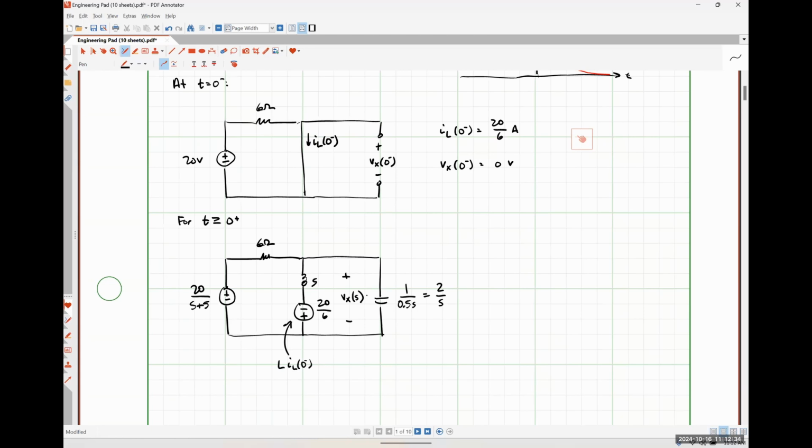So hopefully this unconfuses anybody who is still confused about what to do when we have a system with initial conditions. Simply analyze the circuit to find the initial conditions, plug them into our models for inductance and capacitance, and then do the analysis.